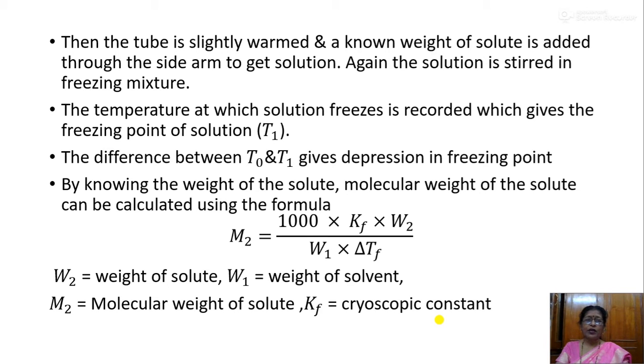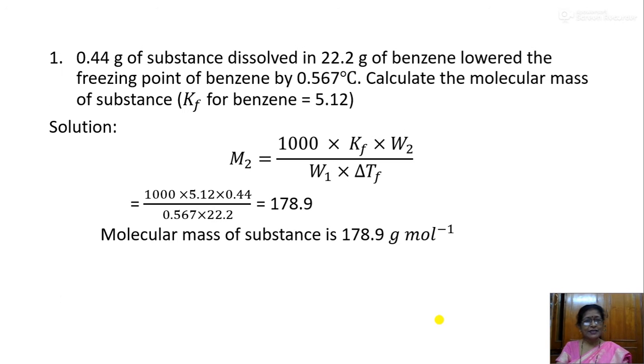W2 is the weight of the solute. W1 is the weight of the solvent. M2 is the molecular weight of the solute. Kf is the cryoscopic constant. Now you are finding out M2, the molecular weight of the solute. Now let us work out a problem on that.